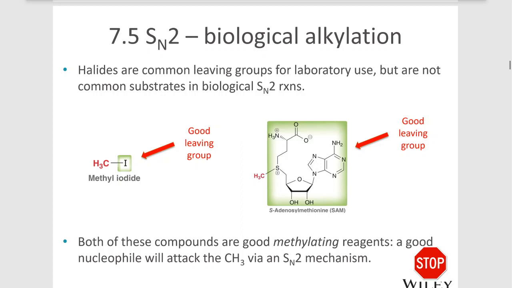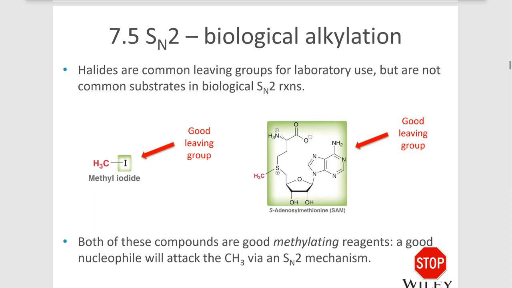Now, we mentioned that we need a good leaving group for SN2 reactions. In fact, we need a good leaving group for any kind of substitution reaction. Remember, leaving groups are generally the conjugate bases of strong acids. Those are our best leaving groups. And for non-biological systems, that's generally what we see.